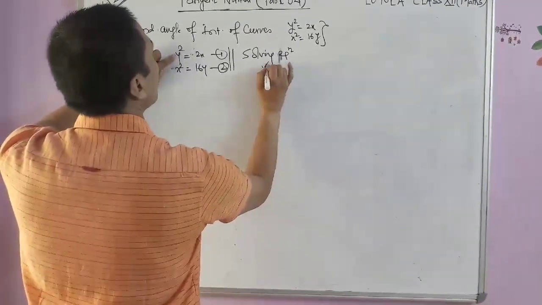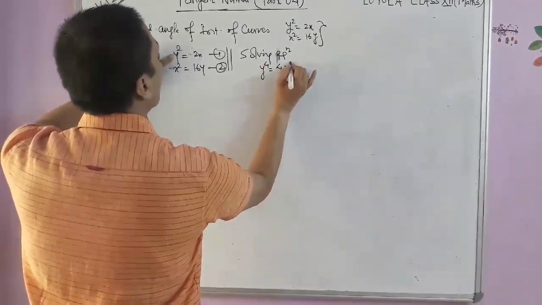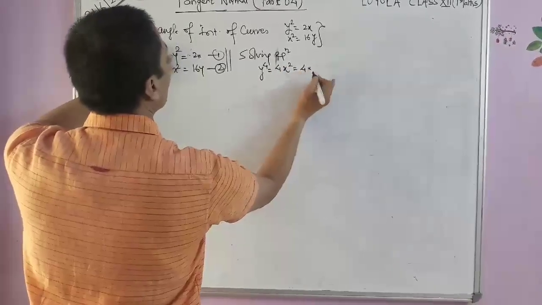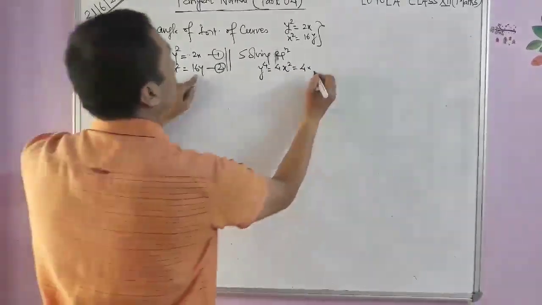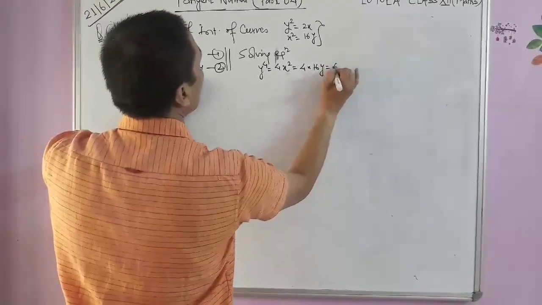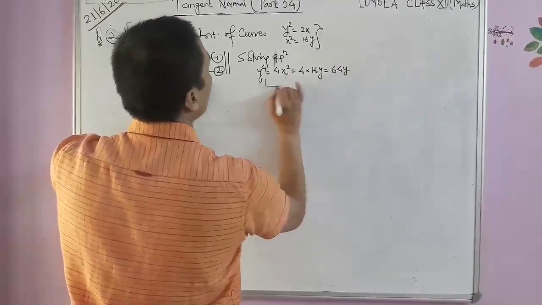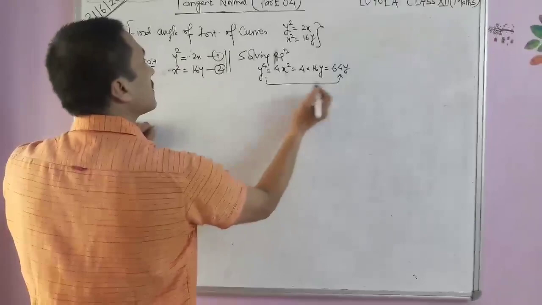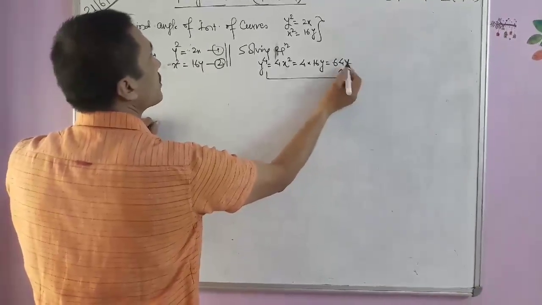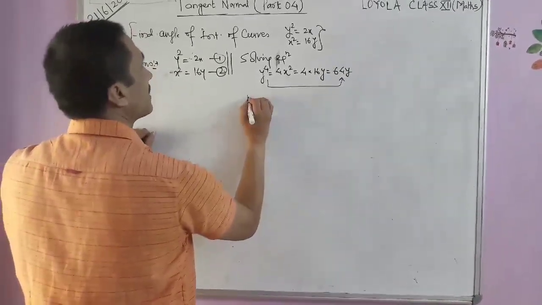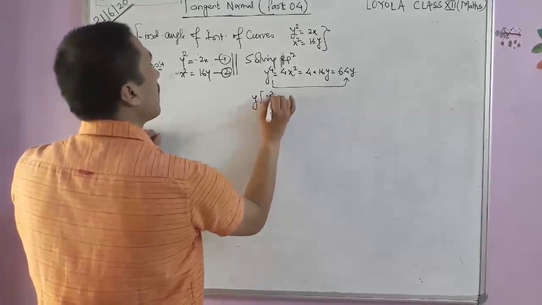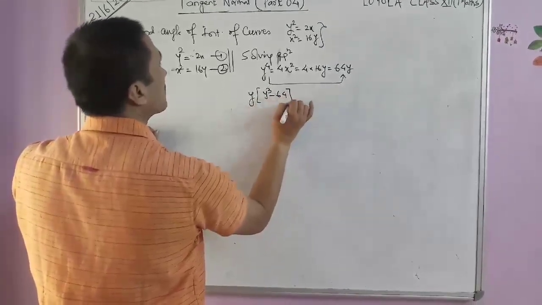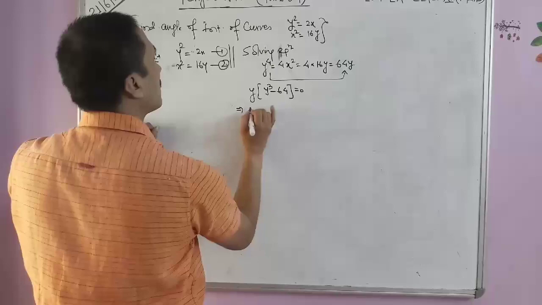Squaring the first equation, y to the power 4 equal to 4x square, and x square equal to 16y, so y to the power 4 equals 64y. Transposing this to the LHS and taking out common y, y(y cube minus 64) equal to 0.